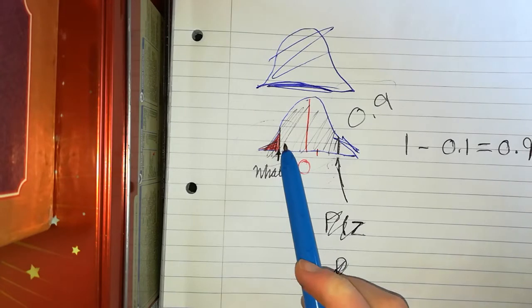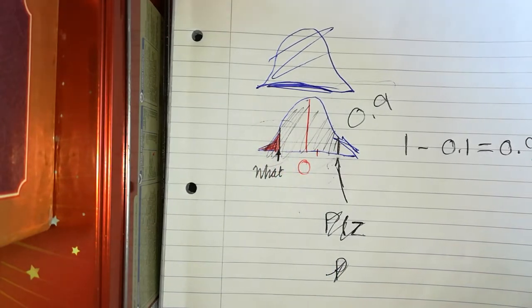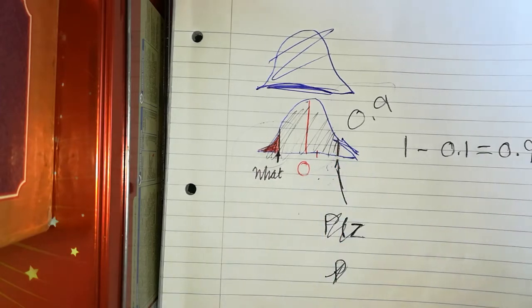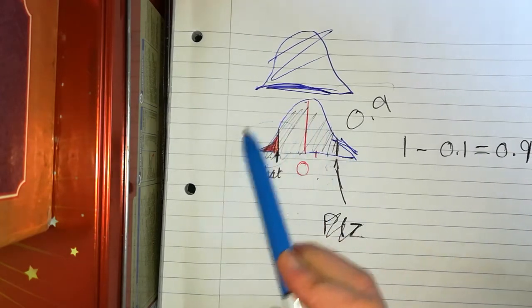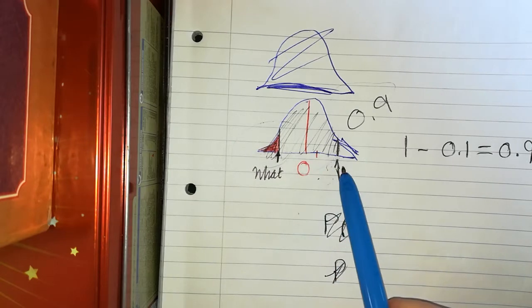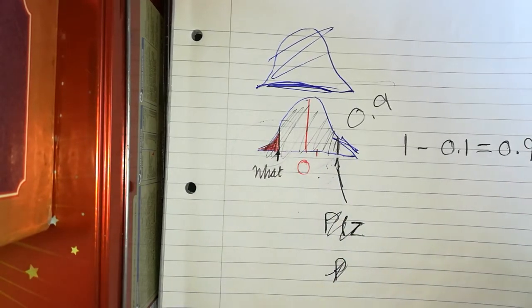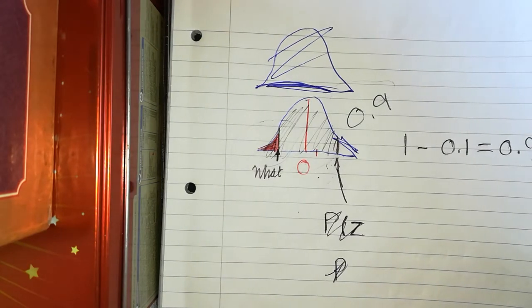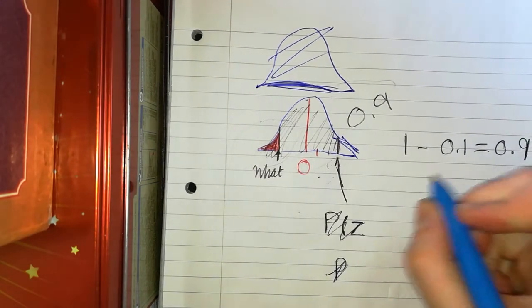So if I was getting a z value for this, firstly I have to get everything that was less than 0.9 and take it away from 1. So the z value that I'm getting is going to correspond to the z value of 0.9.